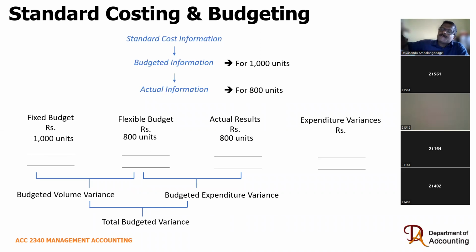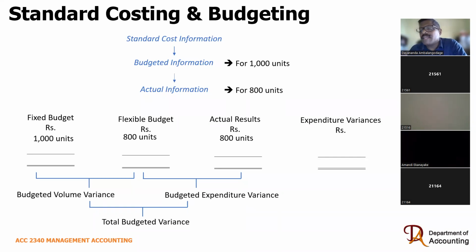But we know that even though we have the budget, the actual situation is different from what we expect. So thereby, you may produce 800 units as per our example. Now, we have the standard cost sheets and we have the budgeted information and we have the actual, but actual is 800 units.